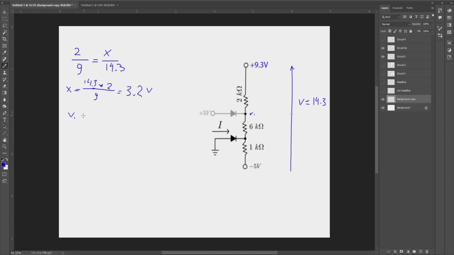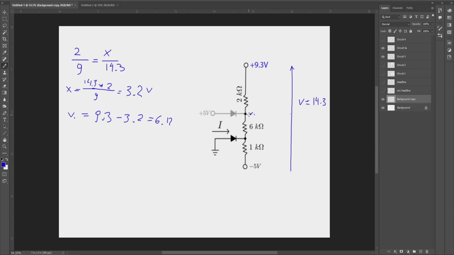So that voltage 1 equals 9.3 minus that voltage drop, 3.2. All right, 6.12, which is this voltage right here.